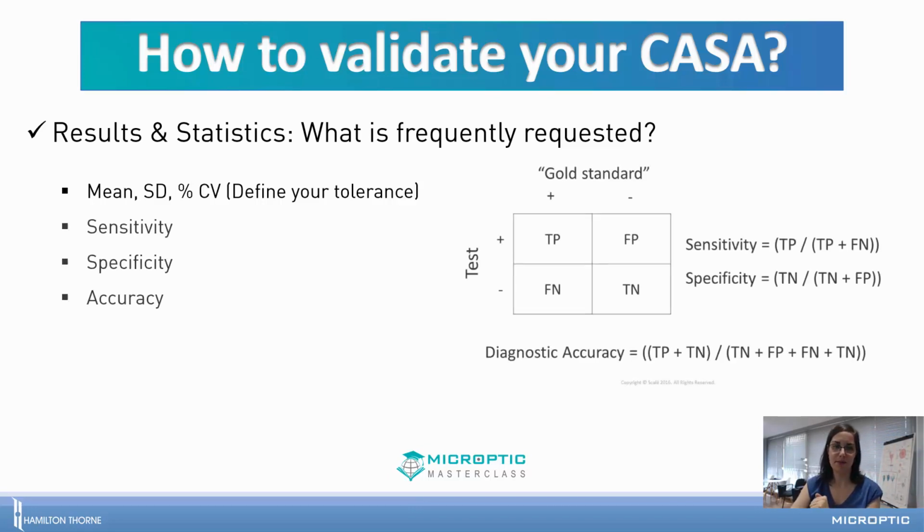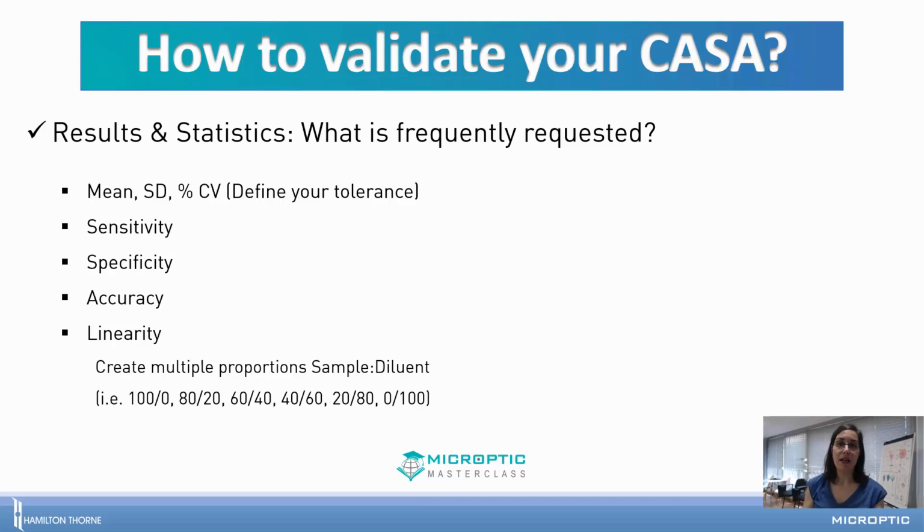Also it could be interesting to check the sensitivity, specificity and accuracy of the methods, taking into account the number of true positives, false negatives, false positives, and true negatives. Here you can find the formulas for calculating each parameter. And in some cases it is also requested to check the linearity of the measurements.